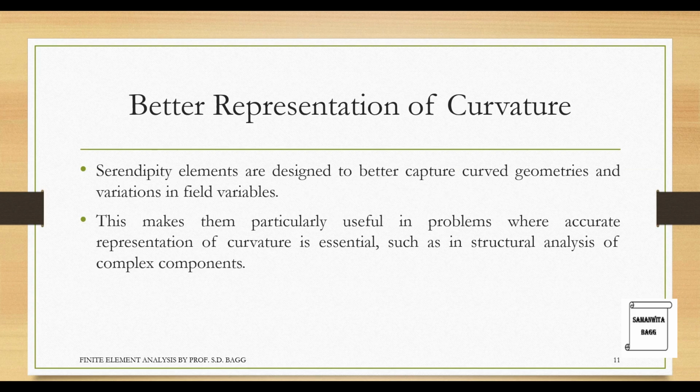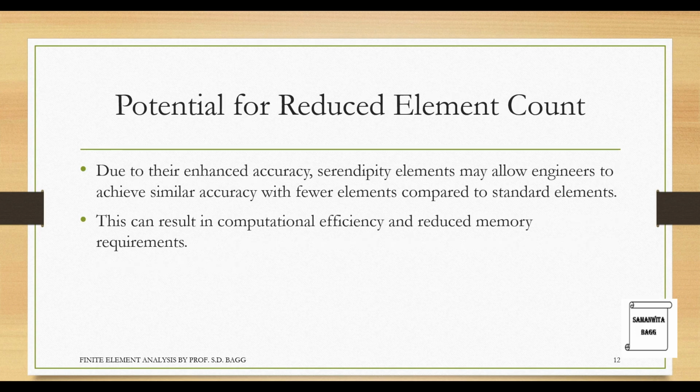If you create more number of elements, you get better solutions, and the accuracy of the problem basically increases. And if the component that you are using is already very complex, which means it is consisting of many parts, or the geometry itself looks very complicated, then in that case adding more number of nodes definitely gives you better solution. Next, potential for reduced element count.